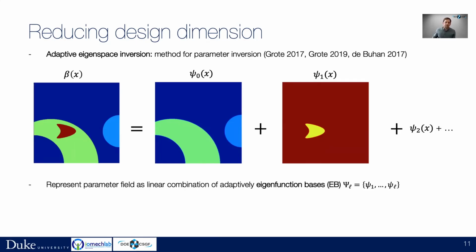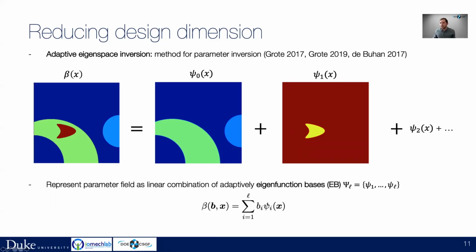In this strategy, the density field is represented as a linear combination of adaptively constructed eigenfunctions. So our design variable is only going to be the coefficients in this expansion rather than the element-wise densities we would normally solve for.